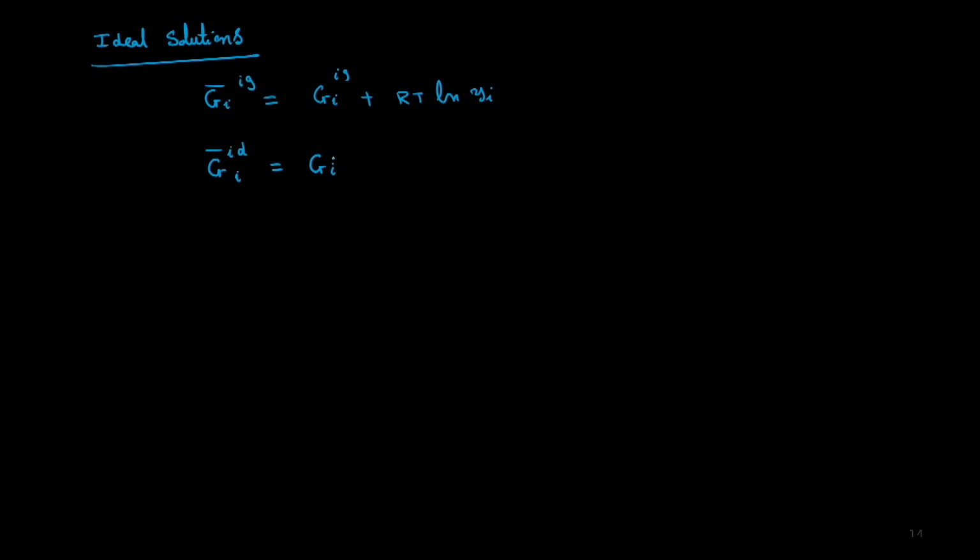So G_i bar in an ideal solution, ID standing for an ideal solution, is related to G_i, the pure component Gibbs free energy, in exactly the same relationship. Notice that I have changed the mole fraction yi to xi.